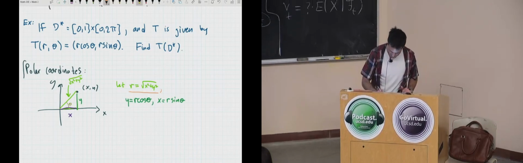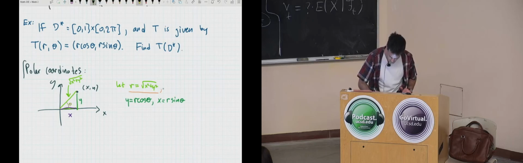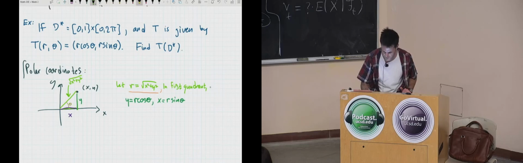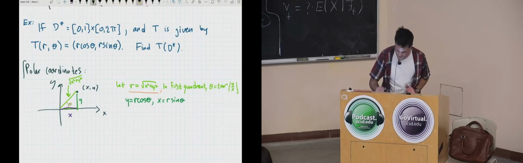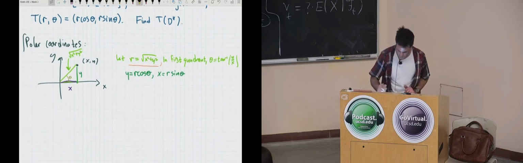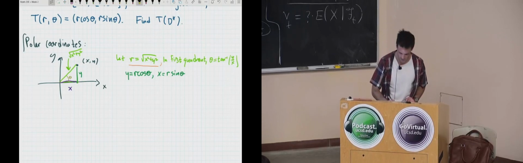Like in the first quadrant, for example, you have the relationship that theta is tan inverse of y over x. Let me just do a quick little example to show why that formula doesn't always hold.